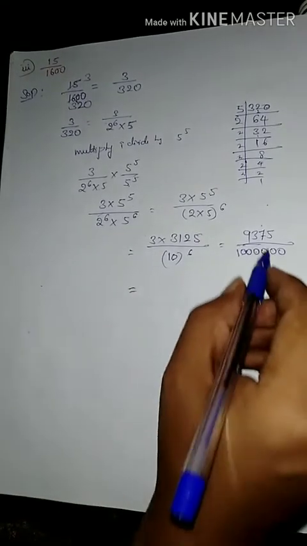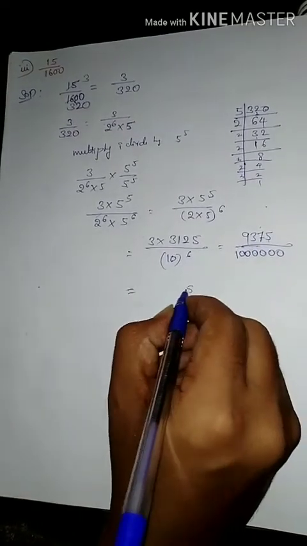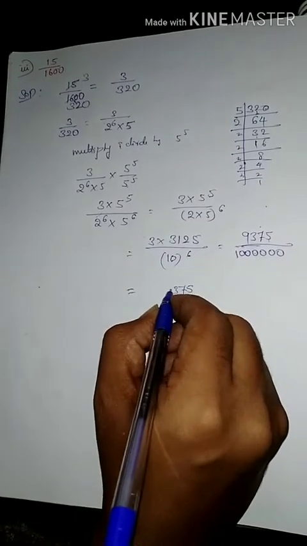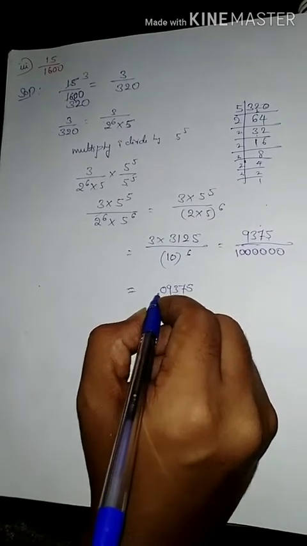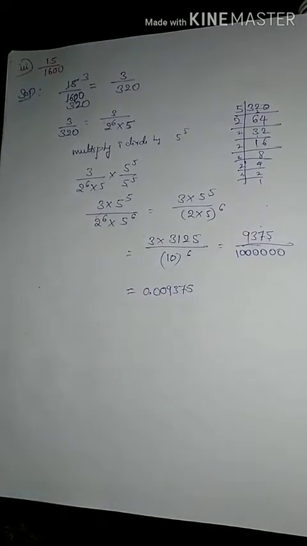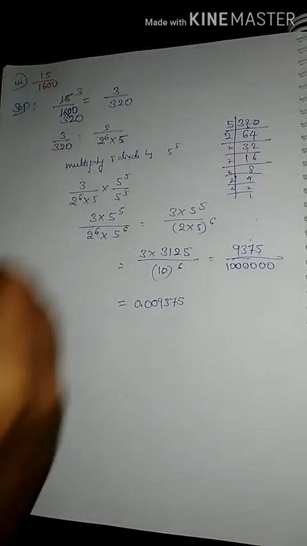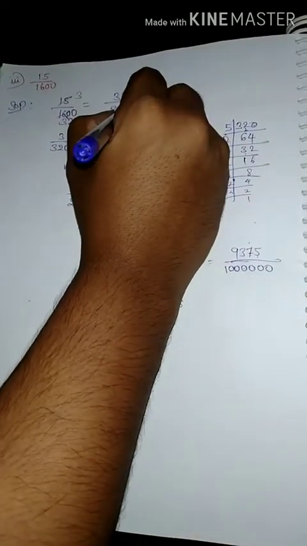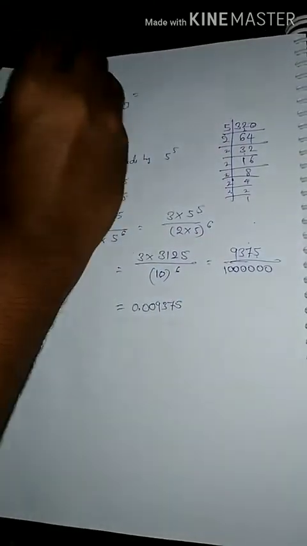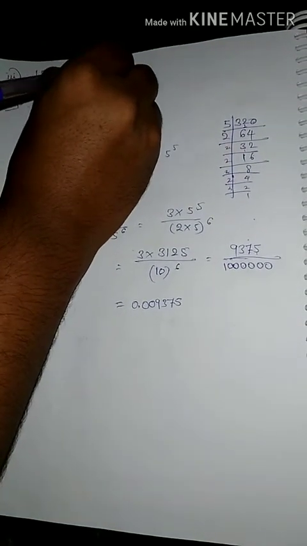So we can put the decimal point after 6 digits. So our answer is 0.009375. Hence the decimal expansion of 3 divided by 320 or 15 divided by 1600 is 0.009375.